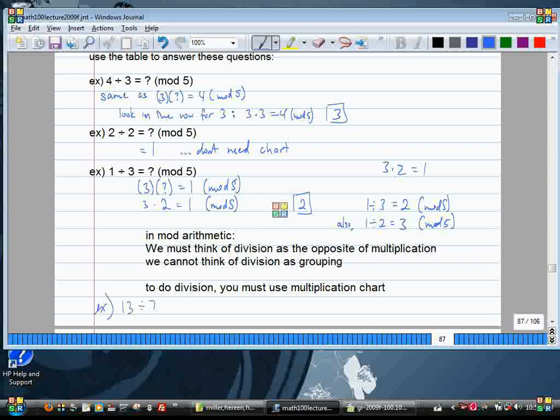So if you're asked to do 13 divided by... 6 isn't good. If we're going to work mod 5, let's make it 13 divided by 7. There you go. Mod 5. What do you have to do before we can even start to think about doing this problem? You have to reduce it. So 13, mod 5, 13 is the same as what?